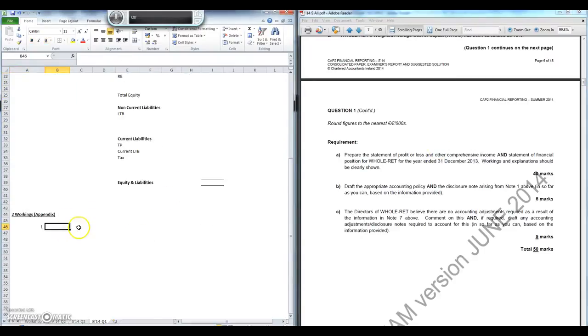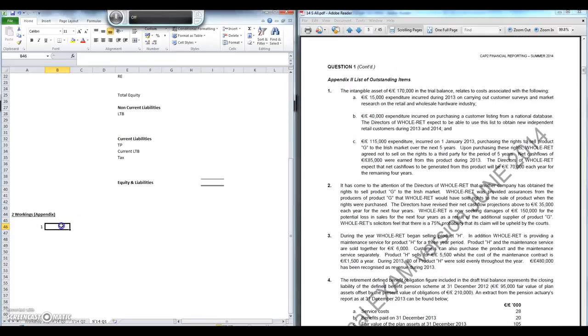So we'll jump straight to the workings, and we'll deal with working 1 first, to do with intangible assets. So we know our intangible assets are 170 grand, and the first one is 15% of expenditure incurred during the year carrying out the surveys and market research. So you know straight away anything to do with research is not allowed.